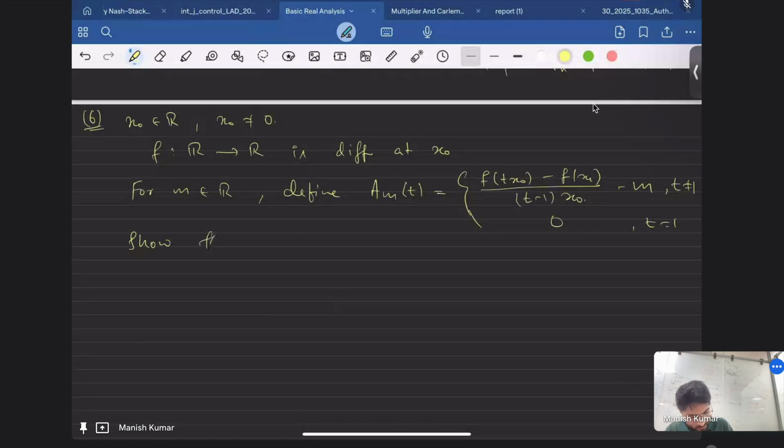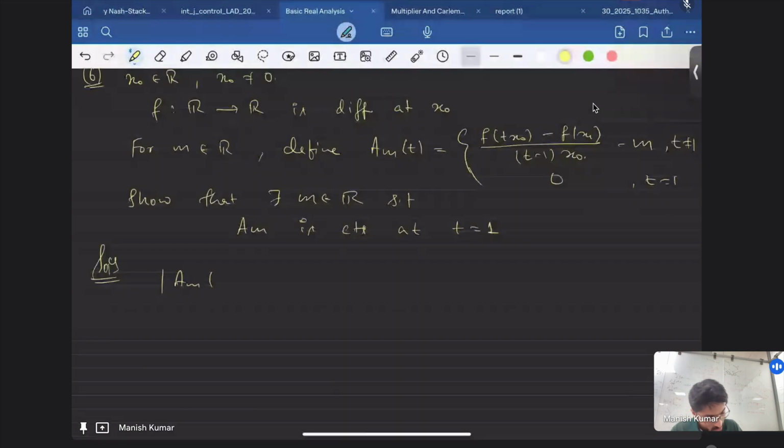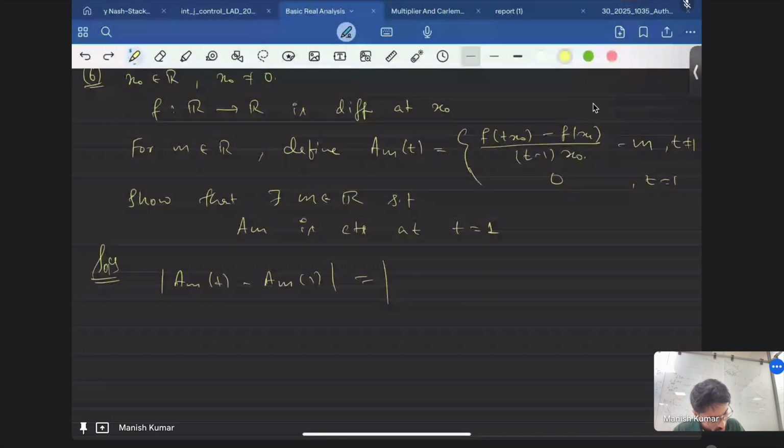For that we just need to estimate a_m(t) minus a_m(1). So a_m(t) is just this term over here, and a_m(1) is 0. Oh, sorry, I forgot this m.